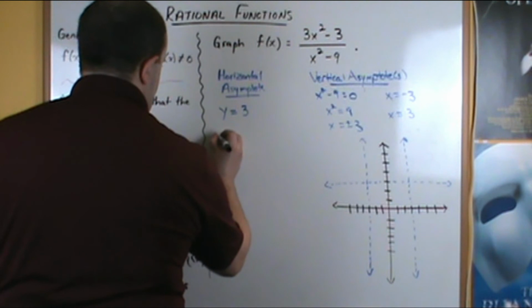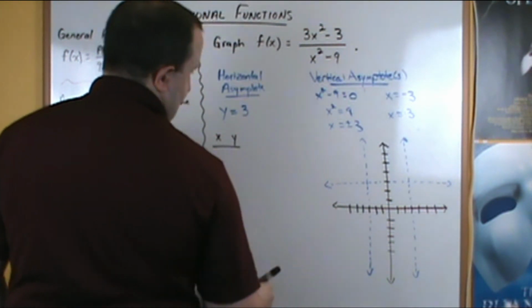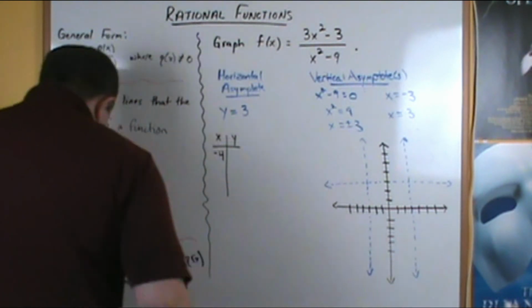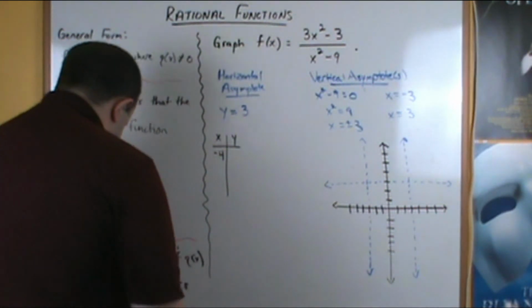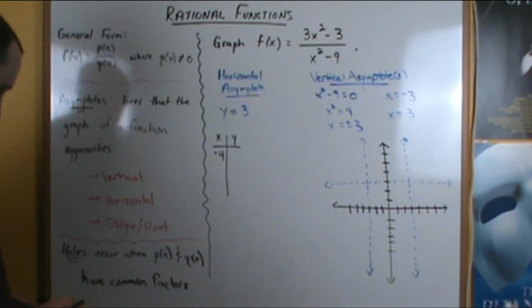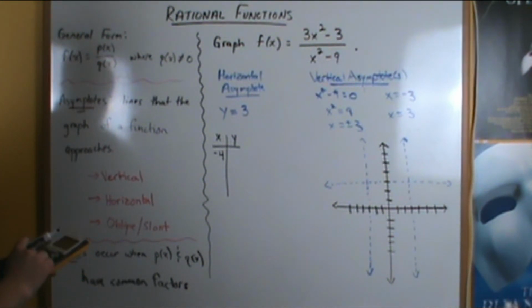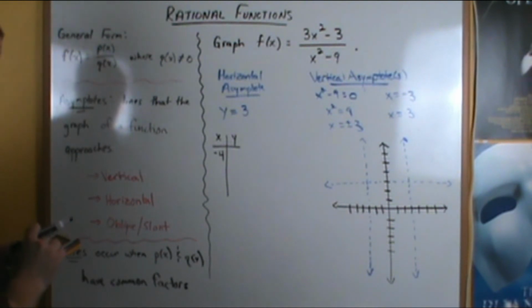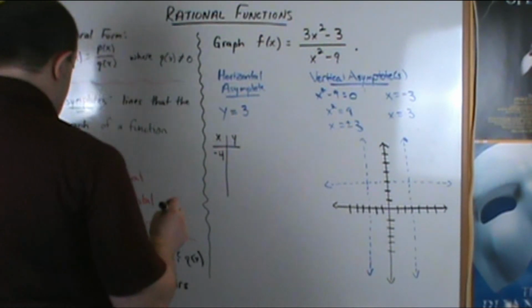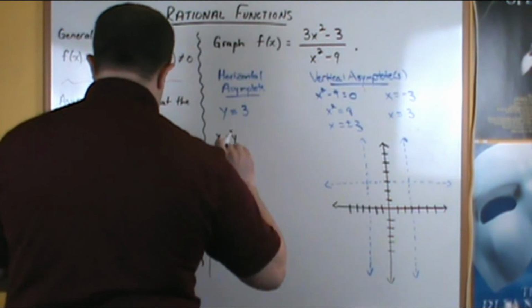We'll say x, y. Let's pick x equals -4. When x equals -4, we will get about +6.4.